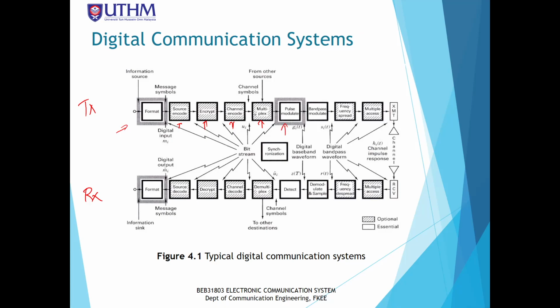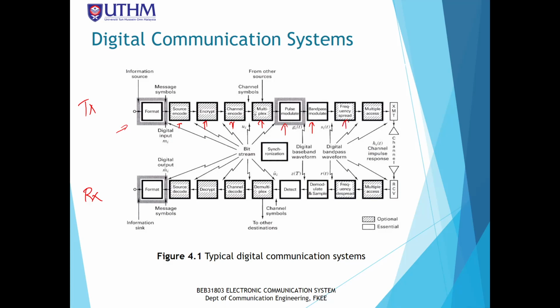So PCM, pulse code modulation, converts digital data to digital pulses. Or if you want to transmit as analog, that means we need to do the bandpass modulation. We need to modulate our input signal with the analog carrier.